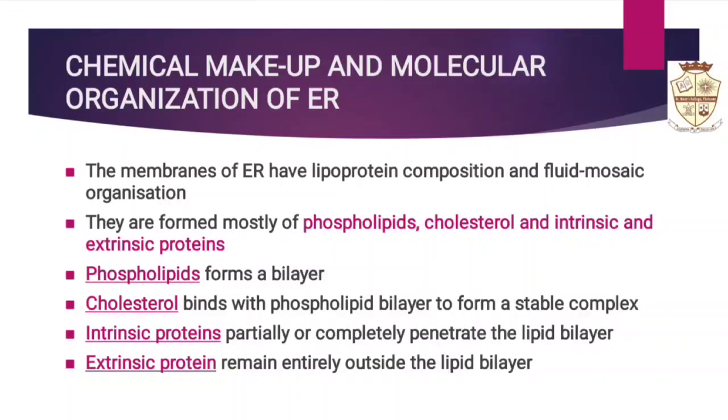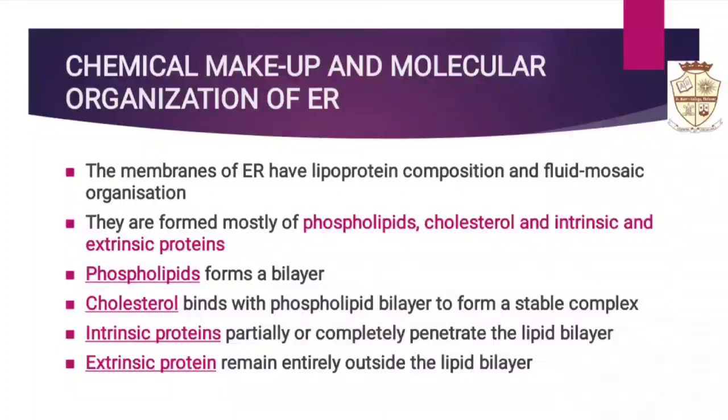The chemical makeup and the molecular organization of endoplasmic reticulum. Here, the membranes of endoplasmic reticulum have lipoprotein composition and the fluid mosaic organization. They are formed mostly of phospholipids, cholesterol, intrinsic and extrinsic proteins. Phospholipids form a bilayer.